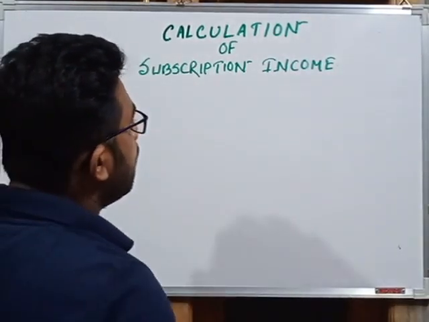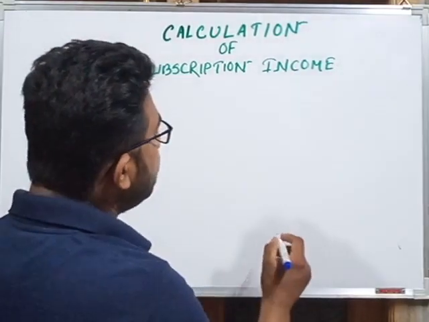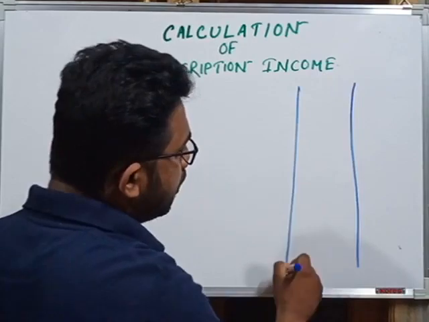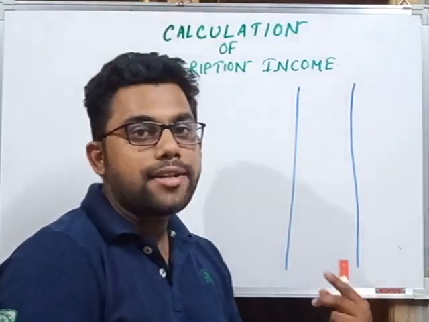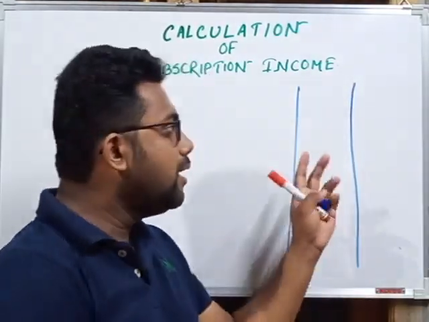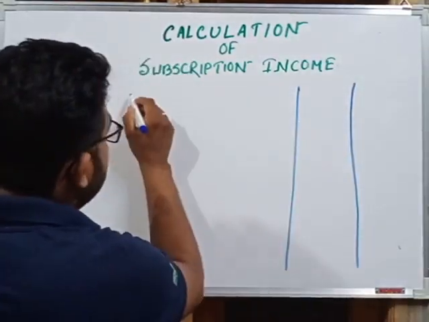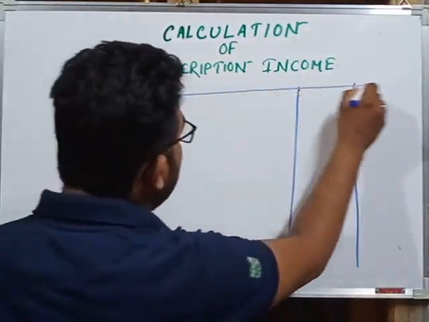Okay, so while calculating the subscription income, we have to prepare a statement. It is a very simple statement, with two amount columns. Because as we are going to add some items or less some items, we need an inner column and then the final column. And this is our particulars column.